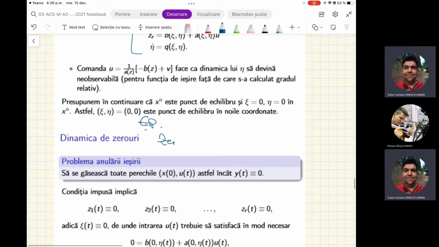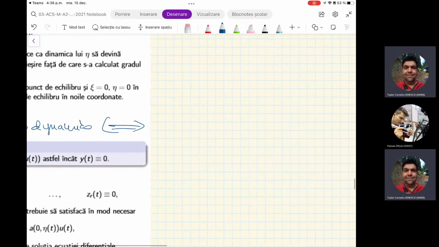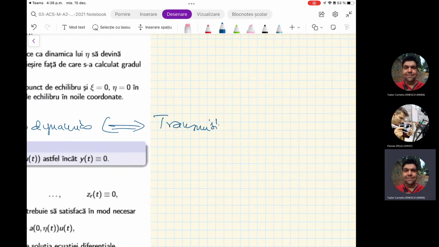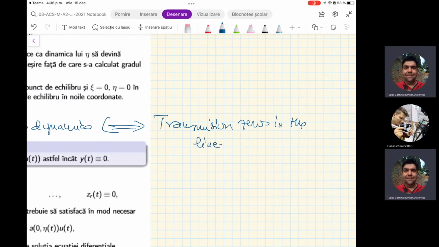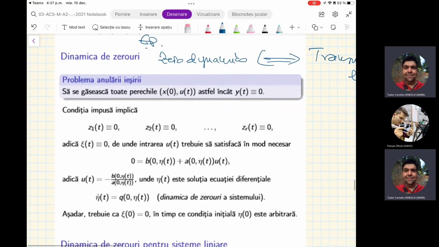And now we talk about the zero dynamics. The zero dynamics, okay, is actually mimicking the so-called transmission zeros in the linear case. So output zeroing.